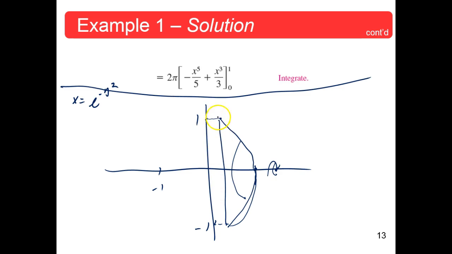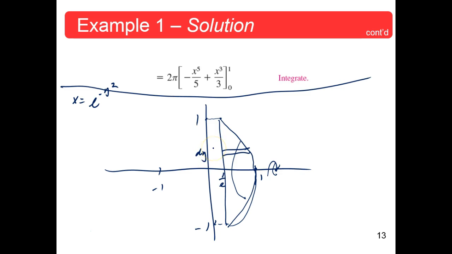I said that's about 1/3, but remember what it really is? This is 1 over e. That's that value. And this is 1. That's on x. We really don't care about the x. We're doing dy's. So here's your dy.